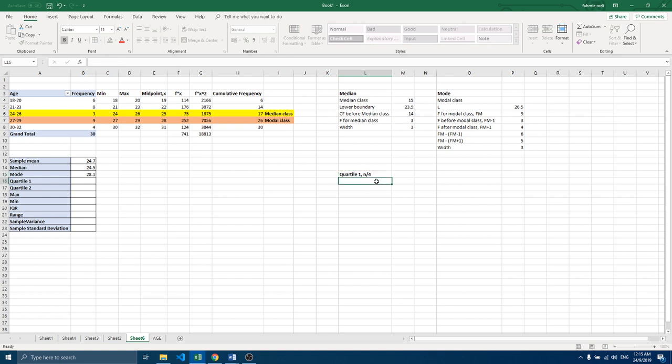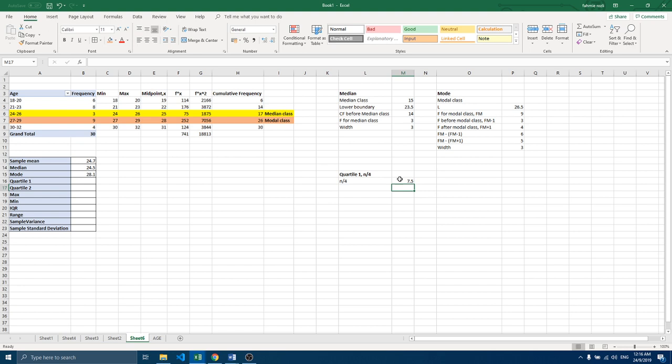So put here n divided by 4 is equal to n is 30 divided by 4, then I will get 7.5. So now this is your quartile 1 class.